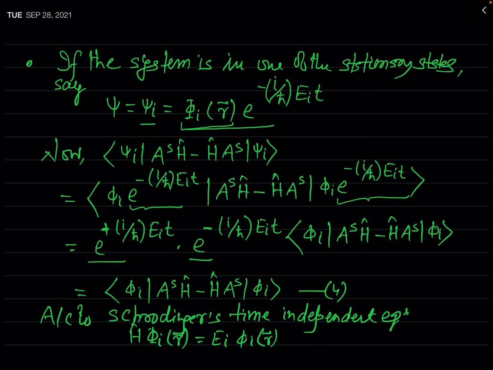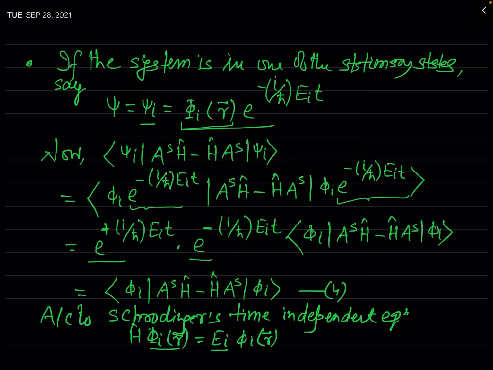You know, in fact, this is a stationary state phi i of r, and E_i is known as the eigenvalue of this operator H hat. So here we can see when we use this result on this equation number 4, what will be our result, you can see easily.